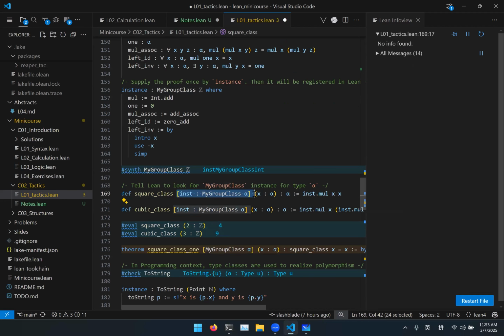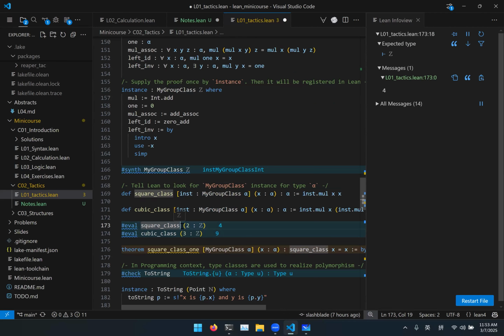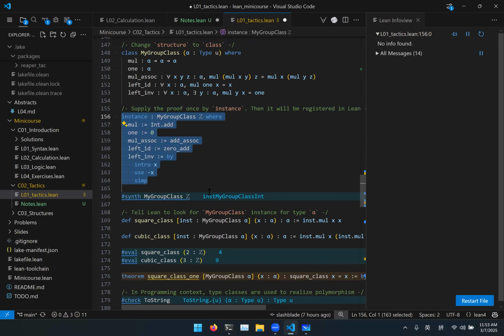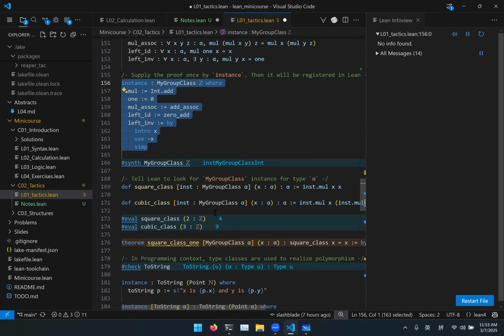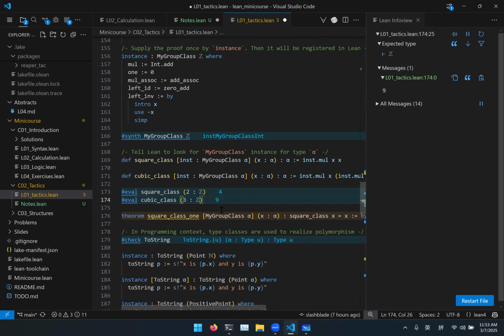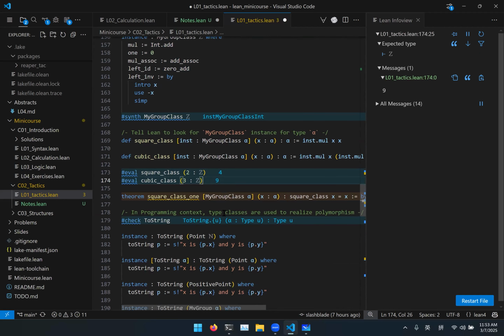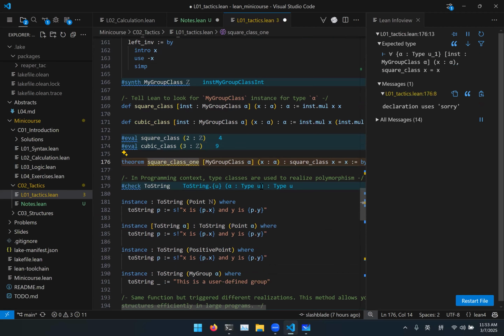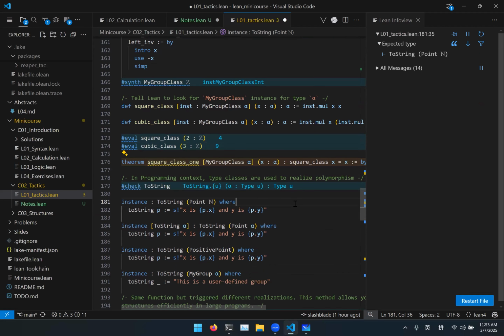This is deduced in the backend of Lean. So in this case, we don't need to supply a proof here, and Lean will know the proof is actually here. So this is how type class works: basically the same as structure, but with auto deduction. So that's all for the type class.